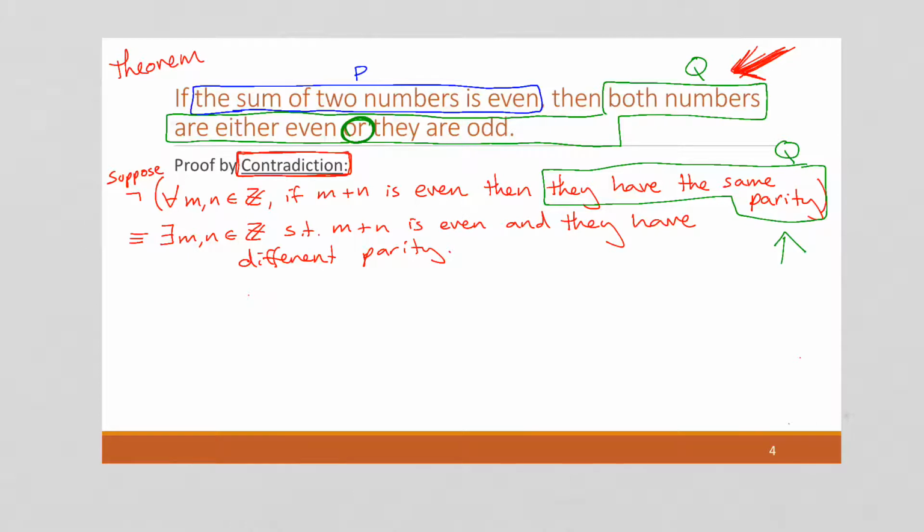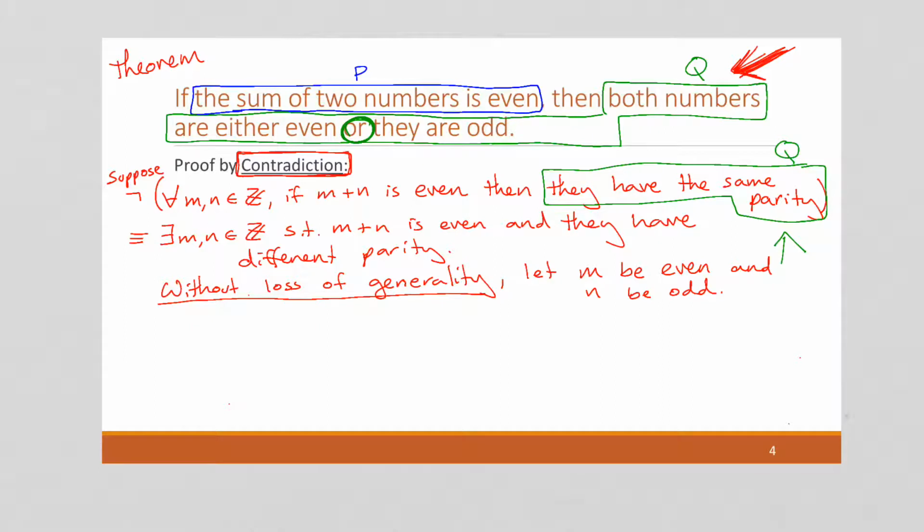So what I can say is, without loss of generality, which is sort of just a way of saying it doesn't matter which way I say this, I'm going to pick a way of saying it. We're going to let m be even and n be odd.